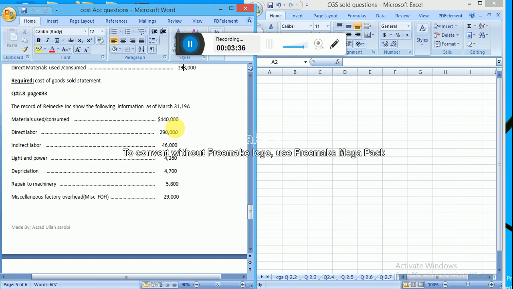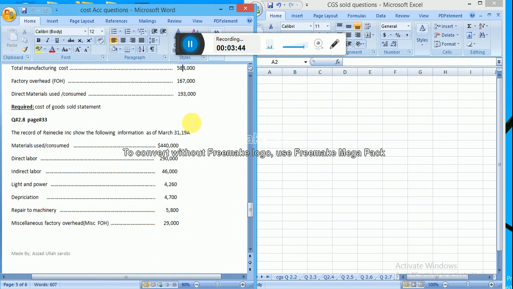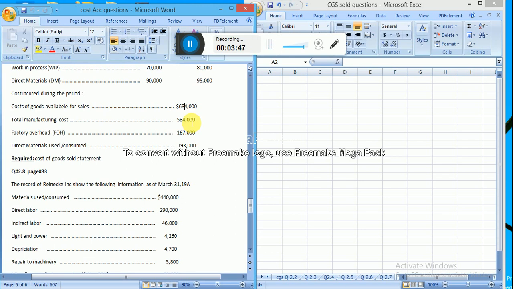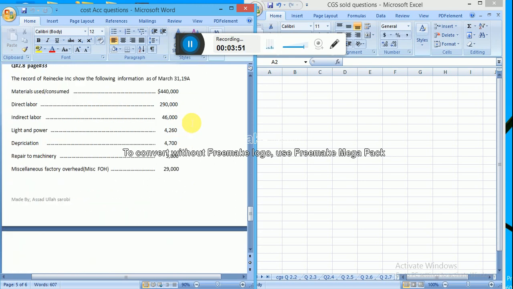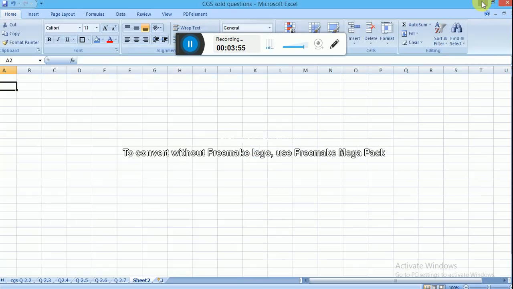So the remaining from 19B will be our closing inventories. First we will write the name of the company, then the statement name, and after that the time duration. So the name of the company is Renick Incorporation.